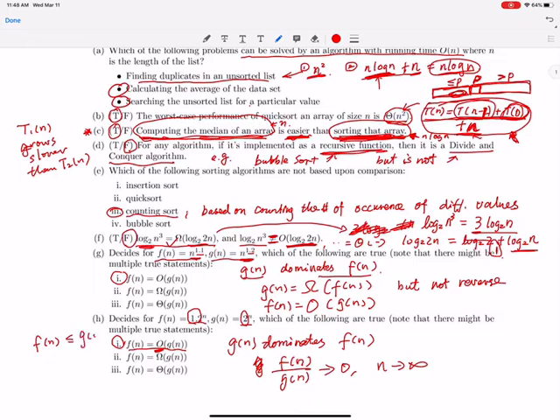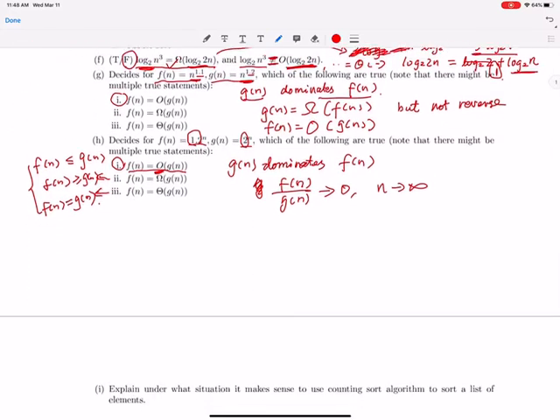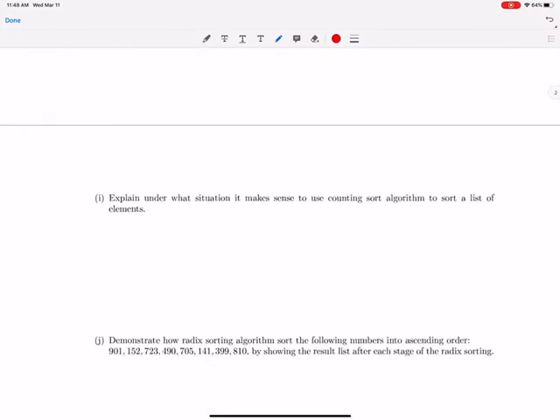You can think of big omega as f of n is greater than or equal to g of n. And the third one is saying their growth rate is the same. So hopefully that will help you remember the meaning of the three notations. Okay, moving on to the next page.